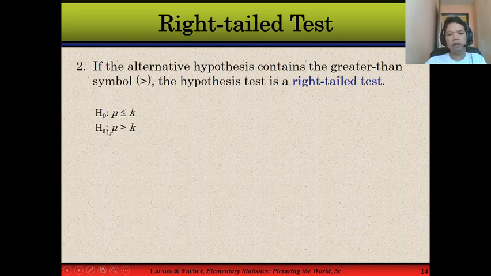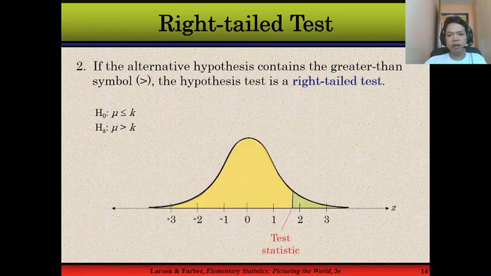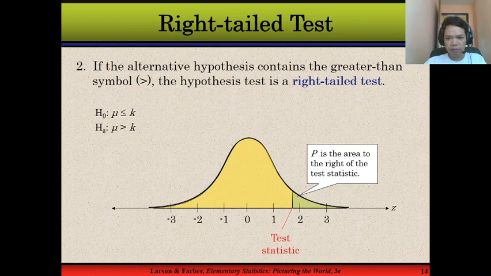For the alternative, mu is greater than k. Dahil nasa alternative yung symbol na greater than, so this is a right-tailed test. So ganito ang itsura ng kanyang probability curve. Okay? At yung ating p-value is the area dito sa right side tailed ng test o ng curve.